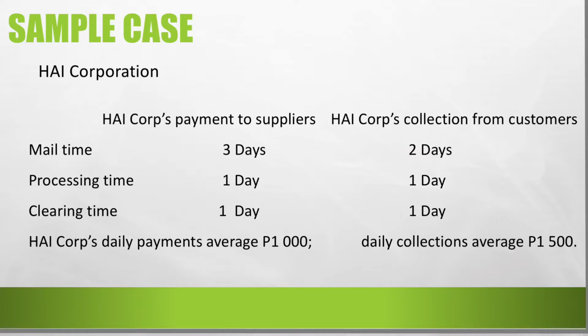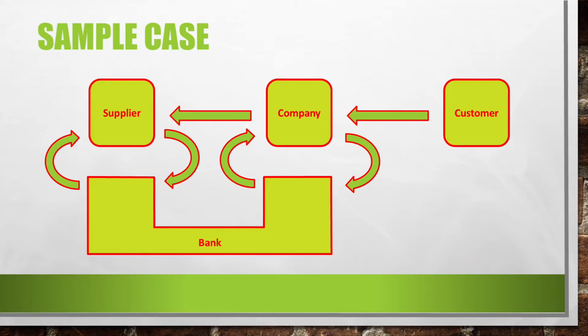On the side of collection, HAI Corporation's collection from customers: mail time 2 days, processing time 1 day, clearing time 1 day. Daily collections average 1,500.